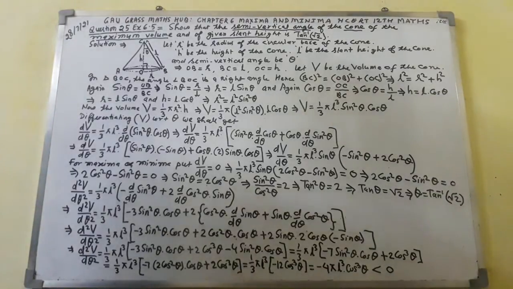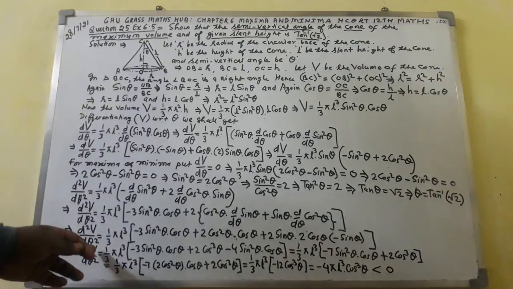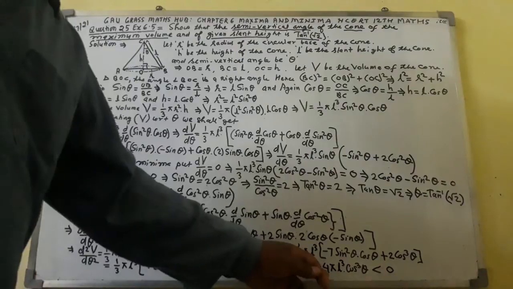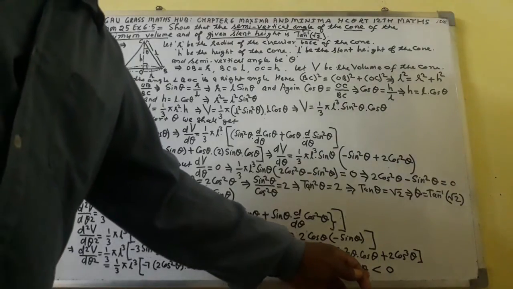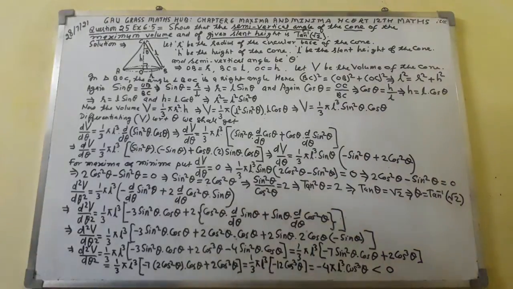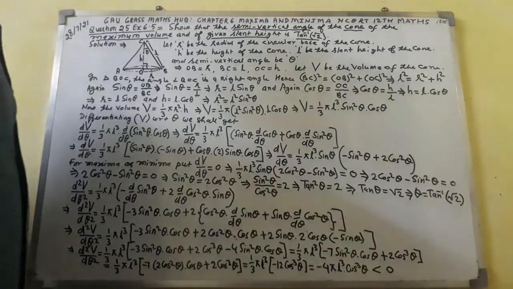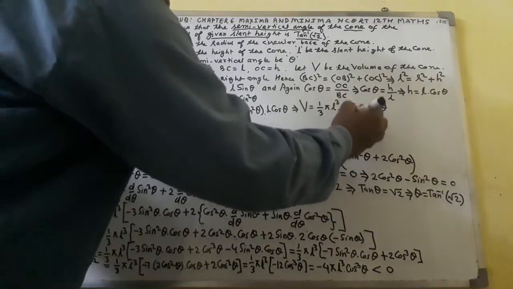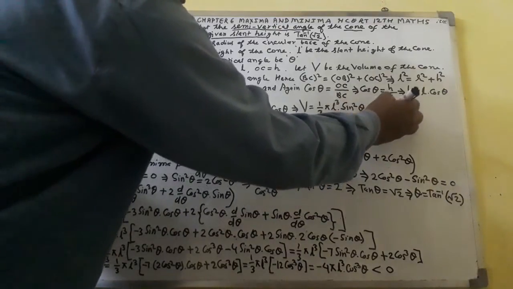Now this thing you have got: d square v over d theta square equal to minus 4 pi L cube cos cube theta less than 0. This condition is there. Due to space problem, I should write at this place, only 1 or 2 lines are left over.